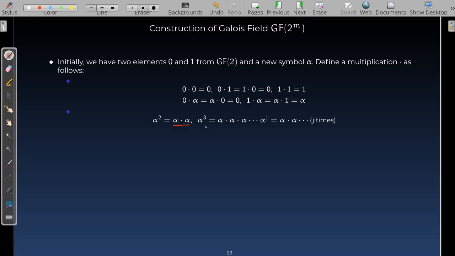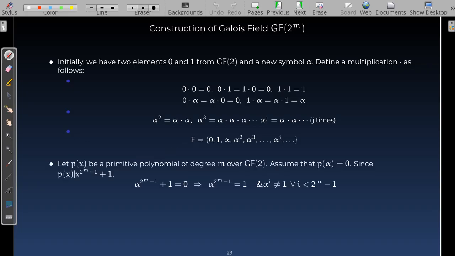So this is how we define multiplication over 0, 1 and alpha, and then we will have the elements alpha squared, alpha cubed, alpha^j. Now we have a set F, which is 0, 1, alpha, alpha squared, alpha cubed, alpha^j, and it is going to continue for some time.